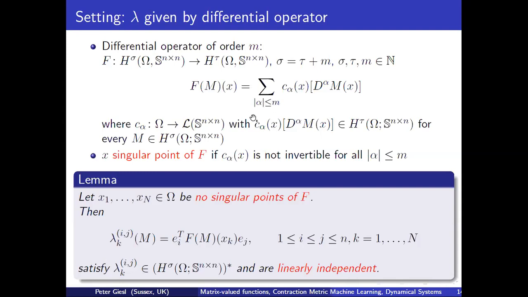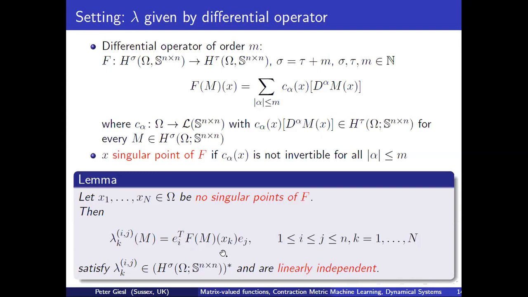Now, we need to be careful about the points that we choose later. Let me say what our lambdas are. Our lambdas are operators in the dual space: we apply the differential operator to M, evaluate at a certain point x_k, and then we just look at all the components ij, where i is smaller or equal to j, because this will be symmetric.